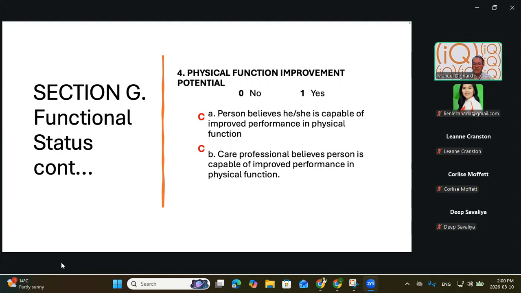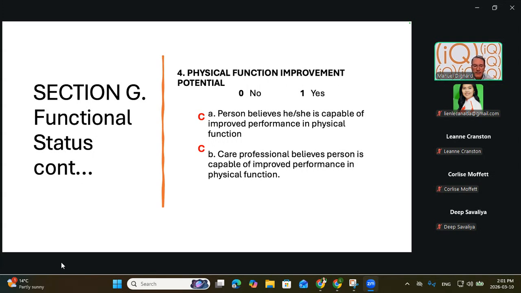And then we flip here. B, the care professional believes the person is capable of improved performance in physical function. So we flip the lens. We're asking the care team, based on your observations, do you think this resident has room for improvement? Maybe they've shown progress recently or they had a better day than usual.